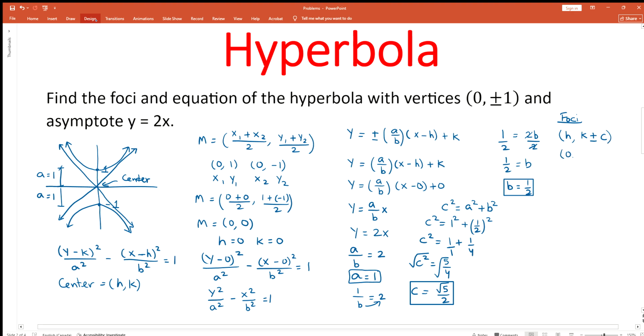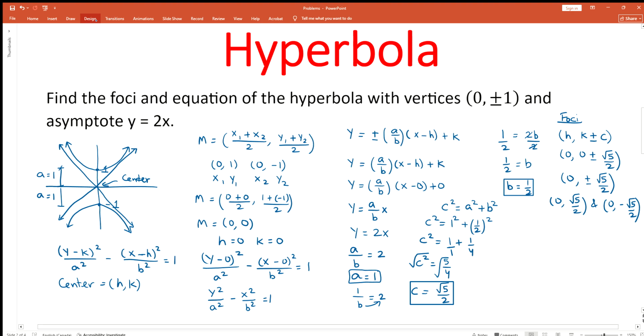H is 0, k is 0, c is square root of 5 over 2. I get (0, plus or minus square root of 5 over 2). So if I have to write the foci points separately, they are (0, square root 5 over 2) and (0, negative square root 5 over 2). These are the foci of this hyperbola.